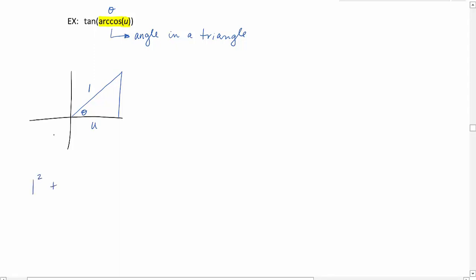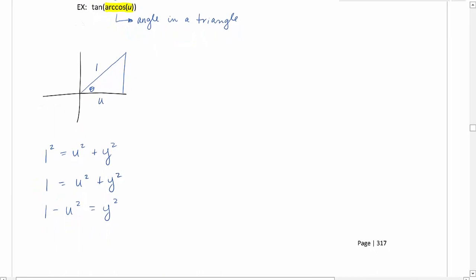1 squared is equal to u squared plus y squared. Now I know this is going to look weird. Trust the algebra. This will be 1 equals u squared plus y squared. And remember that we're solving for y. So let's subtract u squared from both sides. 1 minus u squared equals y squared.